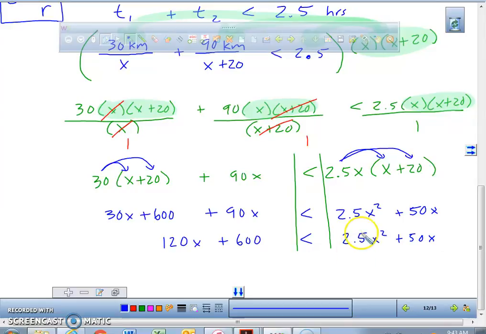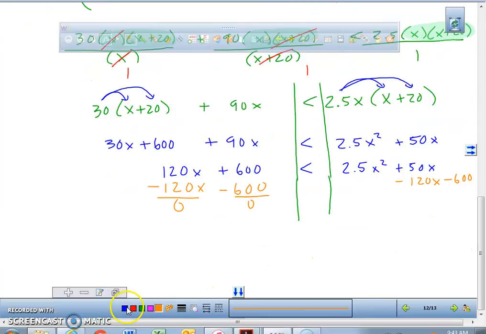Since we already have positive x squareds over here, my suggestion, you don't have to do this, but it makes it a lot easier if you do, is I would take away 120x from both sides and take away 600 from both sides. So you're left with 0 is less than 2.5x squared minus 70x minus 600.